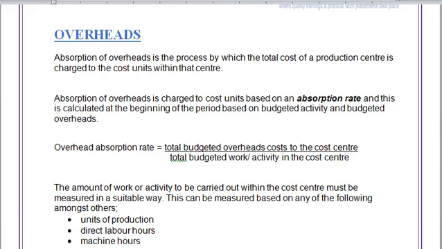That is for you to calculate your overhead absorption rate, which, as we have seen, is the total budgeted overhead cost to the center divided by your total budgeted work or the activity in that center. And the activity we're talking about is usually units of production, machine hours or labor hours that the business is operating or will operate with in that period. That period is usually in the month.